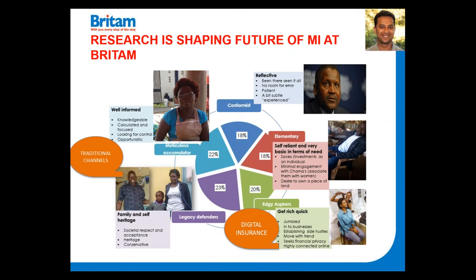Hence, we aim to reach them through channels such as cooperatives and microfinance institutions. One example of such a customer would be a small retailer in one of the smaller towns in Kenya who is a member of multiple SACCOs, which are cooperative organizations based in Kenya. And this is how we intend to reach this segment.